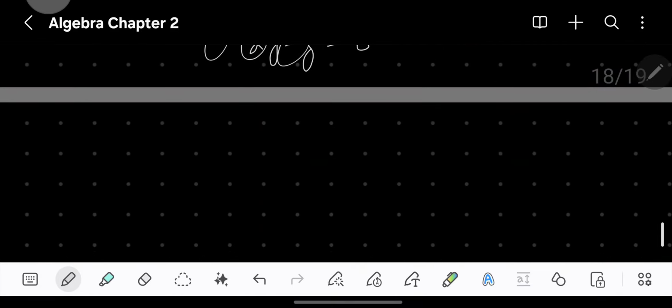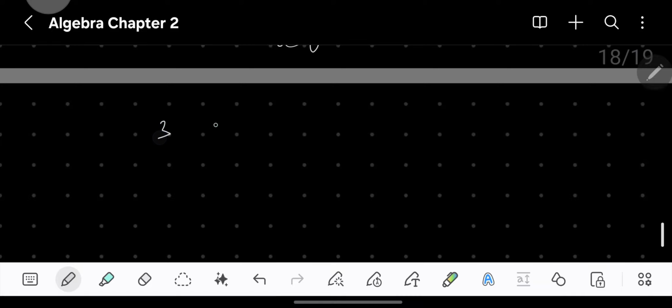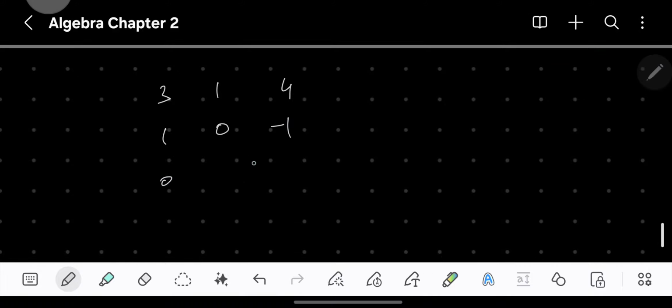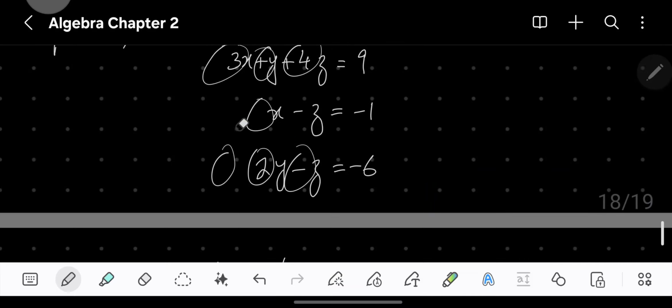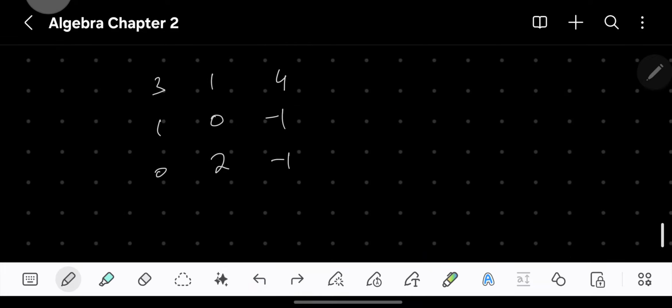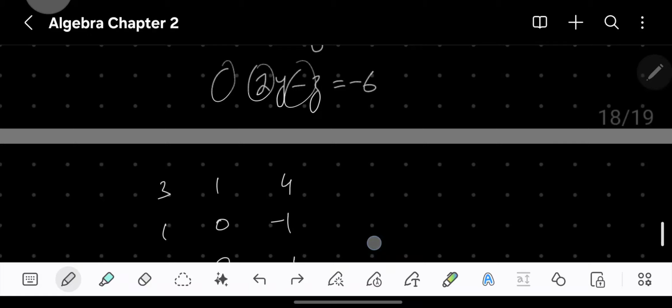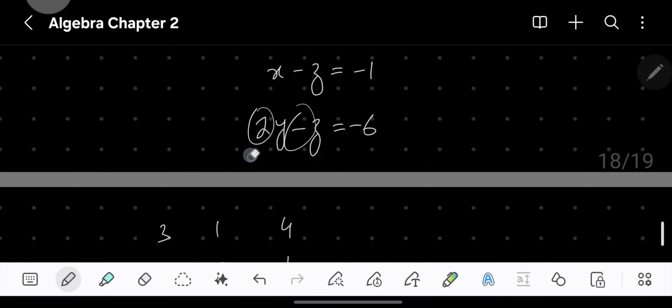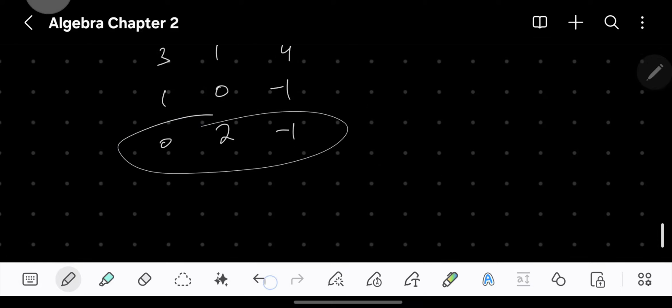So I will write the coefficient matrix as 3, 1, 4, 1, 0, -1, 0, 2, -1, because the coefficient of x is 1, the coefficient of y here is 0, and the coefficient of z is -1, so that's why this row is 1, 0, -1. In the last row, there is no coefficient of x, so it is 0, and then -2 and -1.